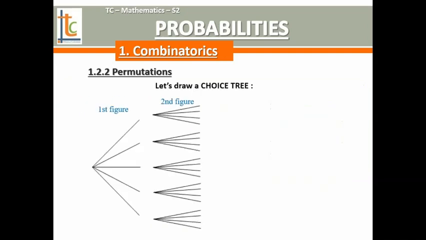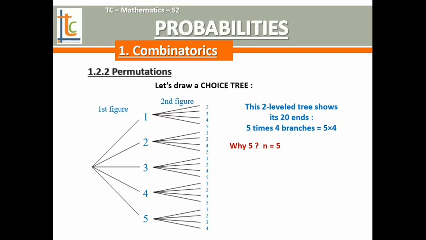So for the first figure, you had 5 different possibilities. But for the second one, you only have 4 possibilities, okay? So you know by seeing a choice tree that there are 5 groups of 4 branches, and then 5 times 4 equals 20 terminations on the tree.